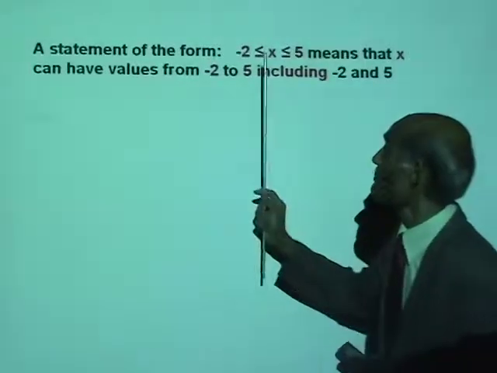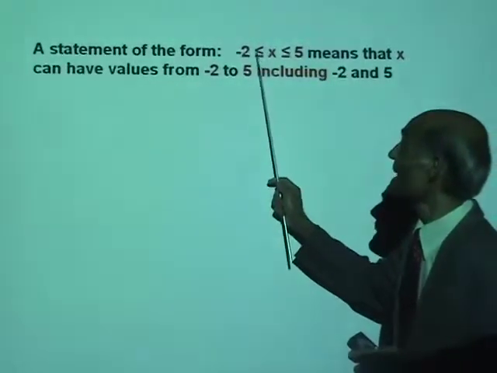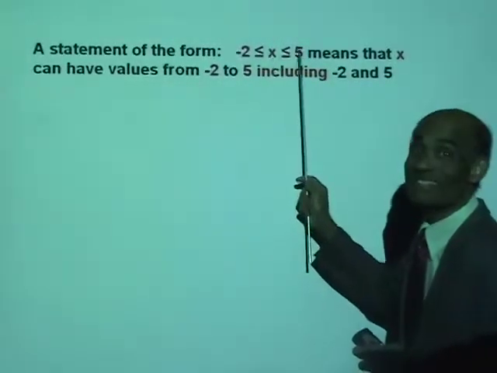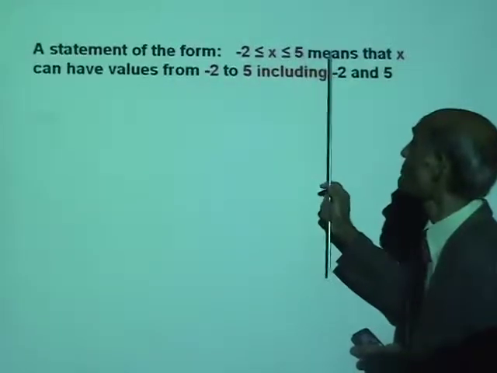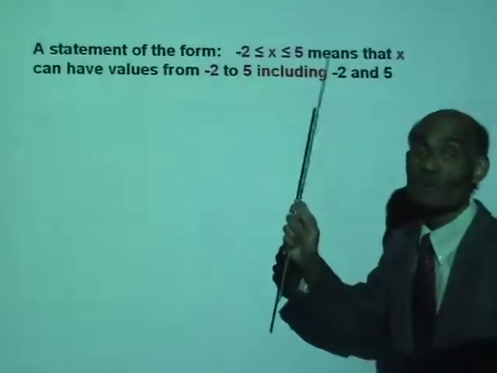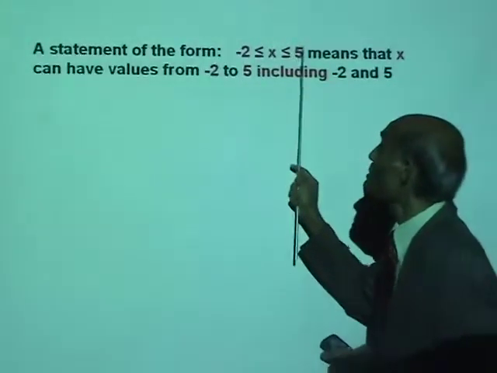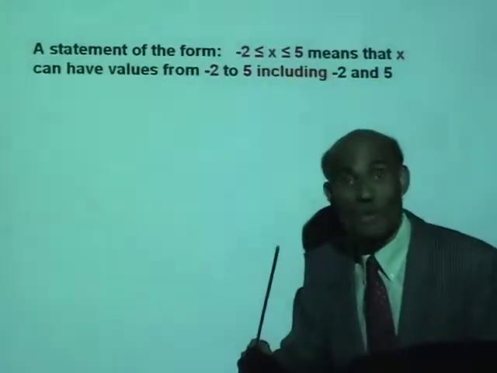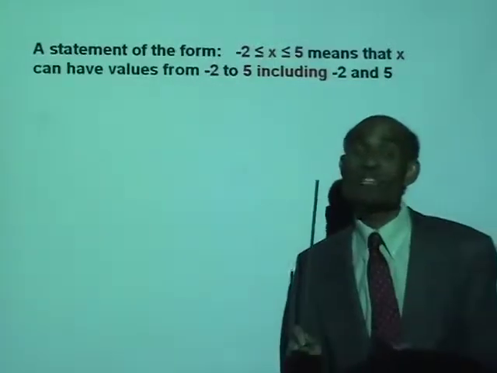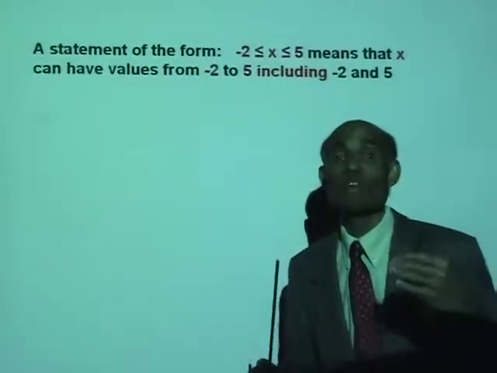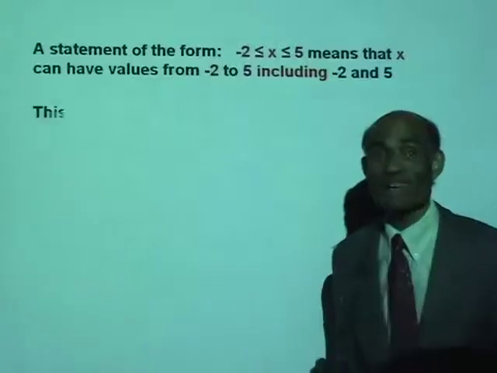A statement of the form negative 2 less than or equal to x less than or equal to 5 means, what's the difference here? This time the end numbers are also included. So in place of the parenthesis, we will now use a square bracket.